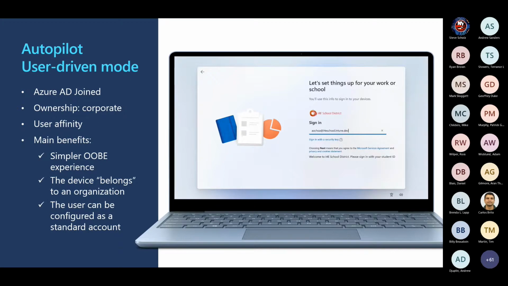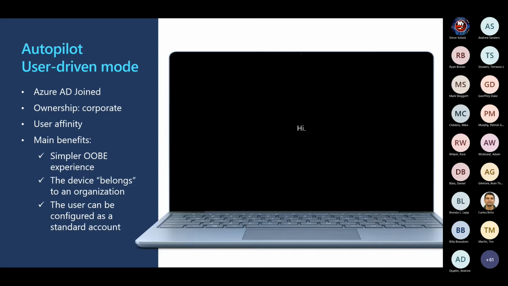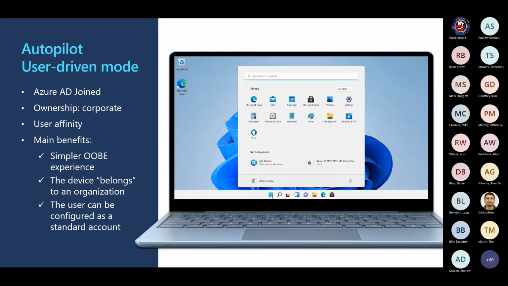Now the user simply has to put in their credentials, and they're able to start receiving apps and policies that are targeted to either the device or to Allison as a user. And we'll see a flow in a couple of minutes in which we can pre-cache some apps and policies before the user completes the flow.